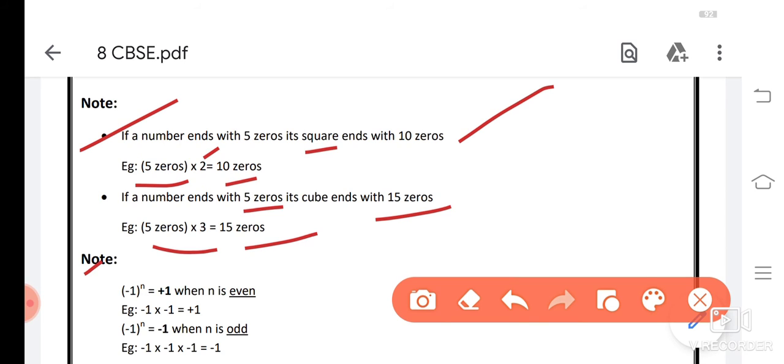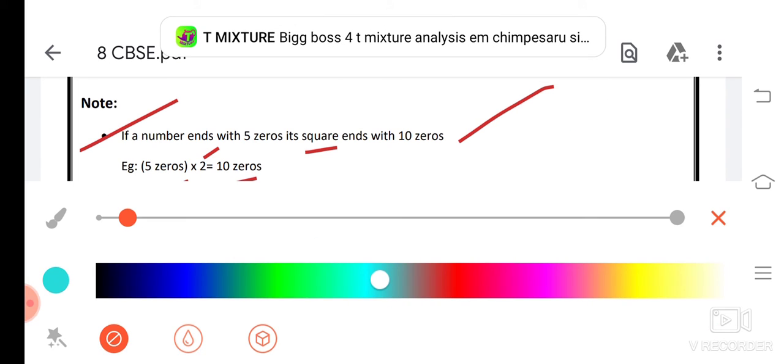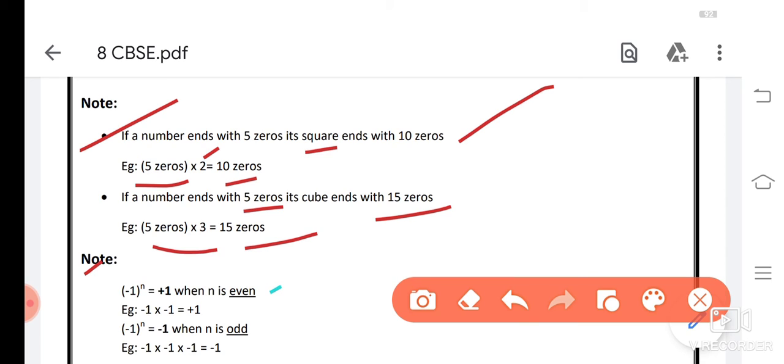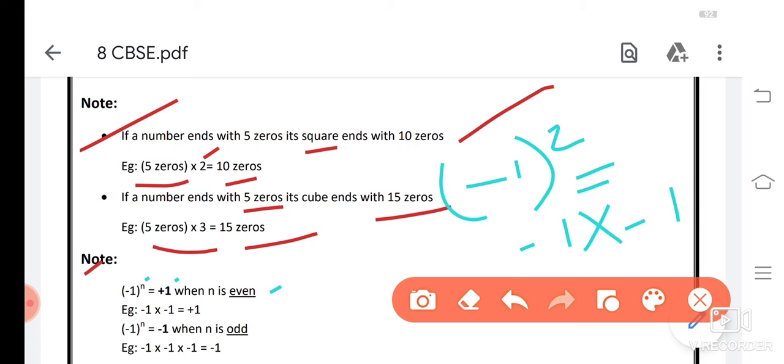One more note is here. Minus 1 whole to the power of n is equal to plus 1 when n is even. When n is even, there it comes a plus. Example, if you write power 2, then minus 1 whole square is equal to minus 1 into minus 1.